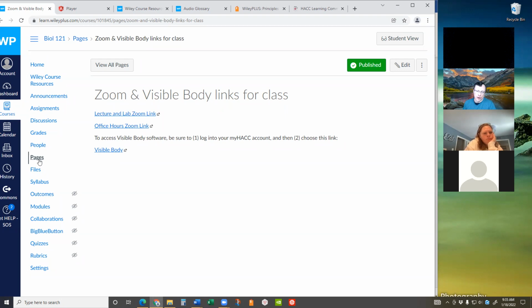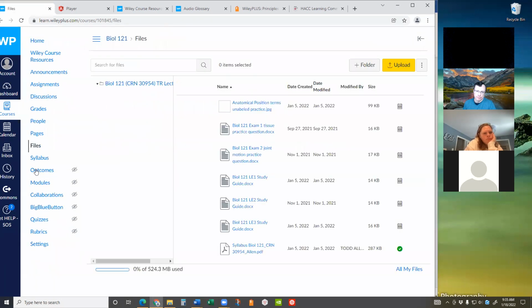Also, under the Files tab, you're not going to see all the files right now that I'm showing you because some of the things I'm restricting. But let me ask you this. Go to the Files tab in WileyPlus, okay?